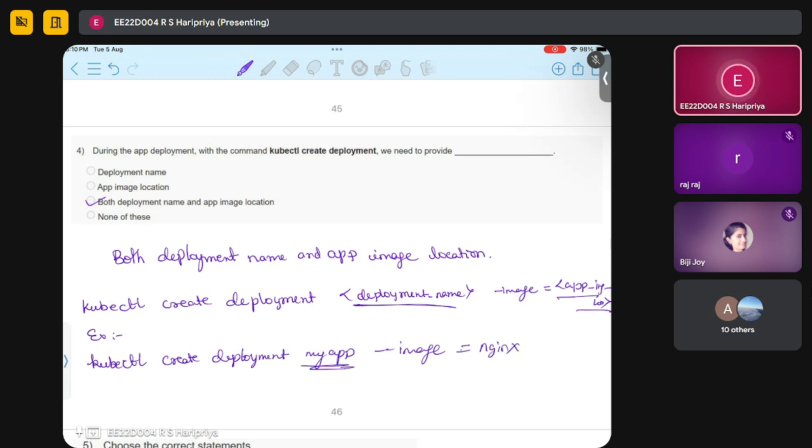So this is the deployment name and this is the image location.